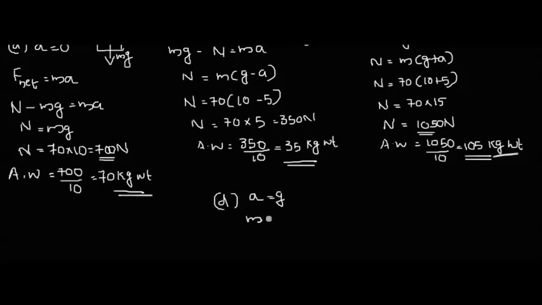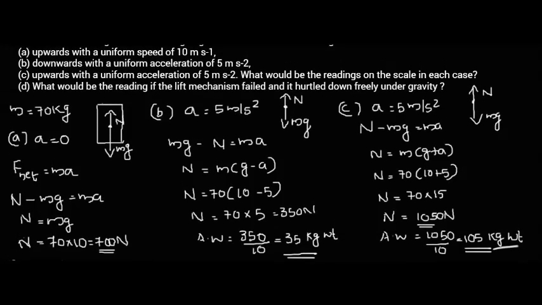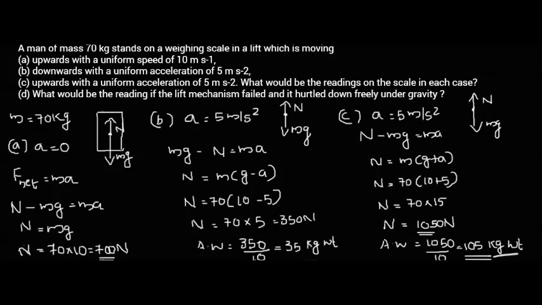So when I am applying Newton's second law in that situation, mg minus N equal to ma, and from that N is equal to m into g minus a, or N is equal to m into 10 minus 10, which is equal to 0. That is, if the lift mechanism failed and the lift is falling down, the object will experience a freely falling feeling, that is weightlessness.